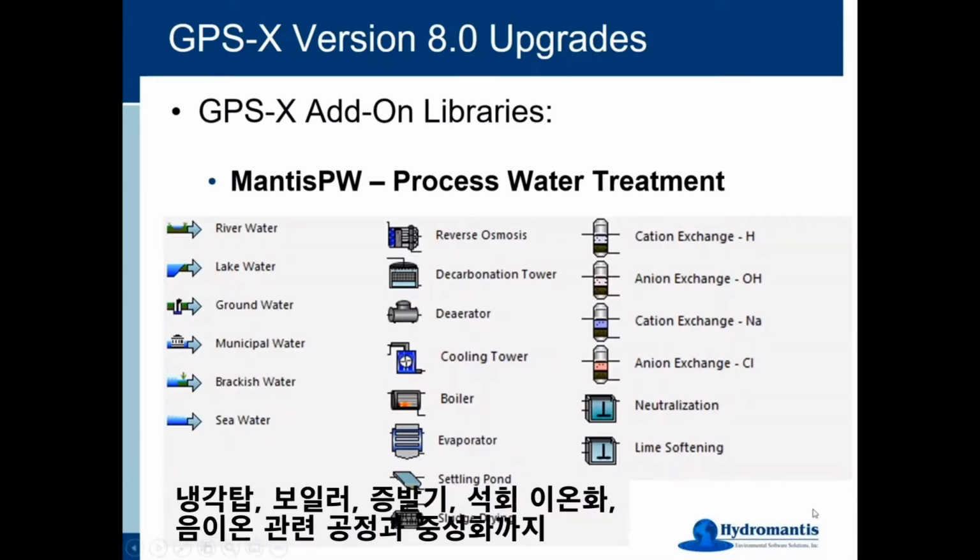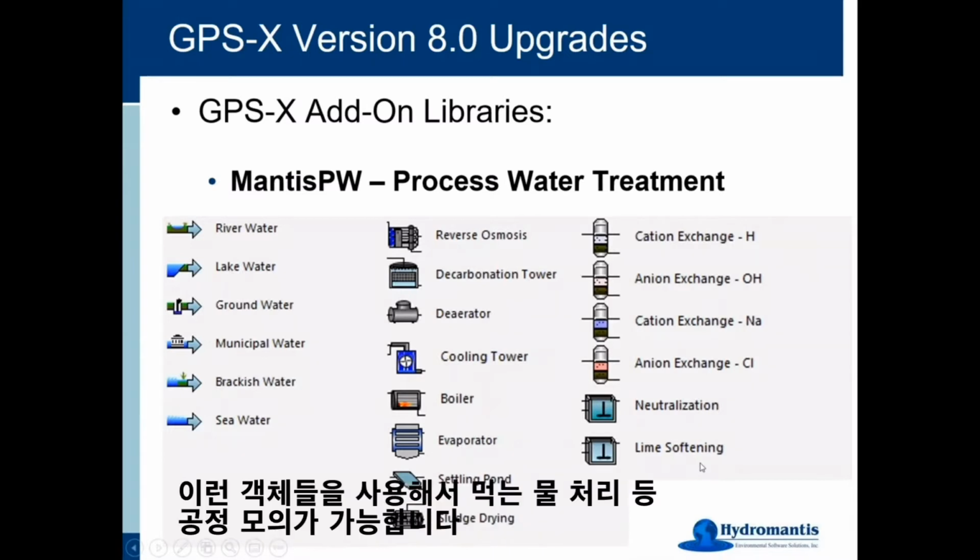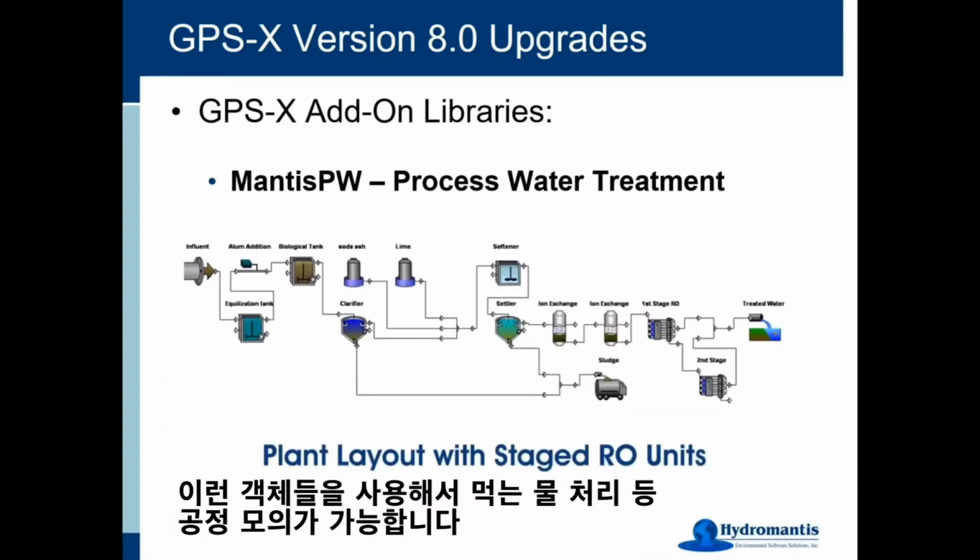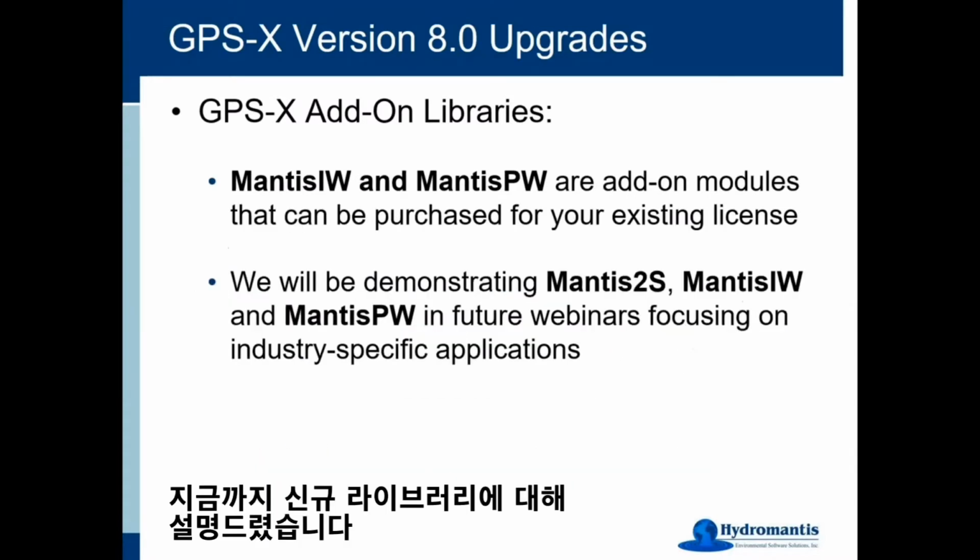So you'll see here things like cooling towers and boilers, evaporators, many different kinds of ion exchange and neutralization, lime softening, and so on. These are all things that are available for this specific library. So you can do things like drinking water treatment like this. Okay, so those are all new.